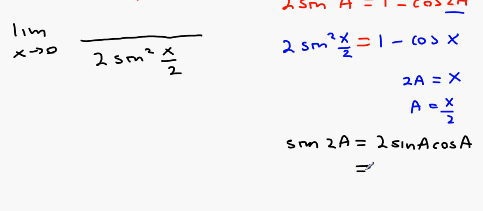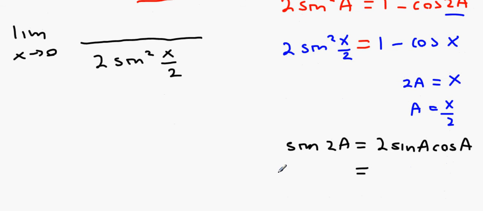So we're not looking for sine 2a, what we're actually looking for is sine x. So if 2a equals x, then a must be x over 2. So we're changing this into 2 sine x over 2 cos x over 2.